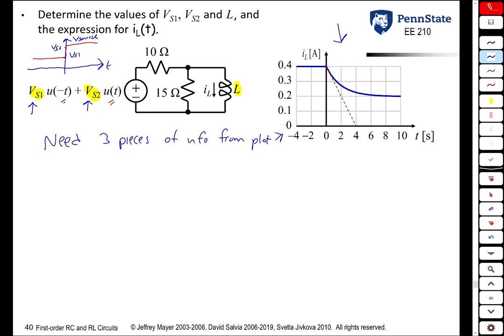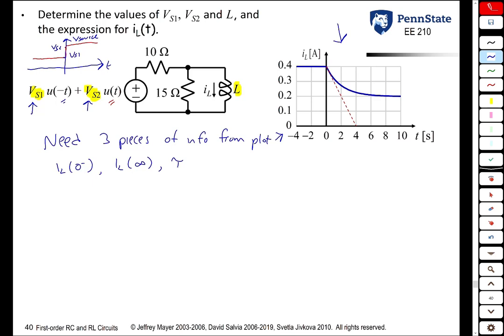The three pieces of information are going to be the value of the current through the inductor at 0 minus, the value of the current through the inductor at infinity, and also the time constant.